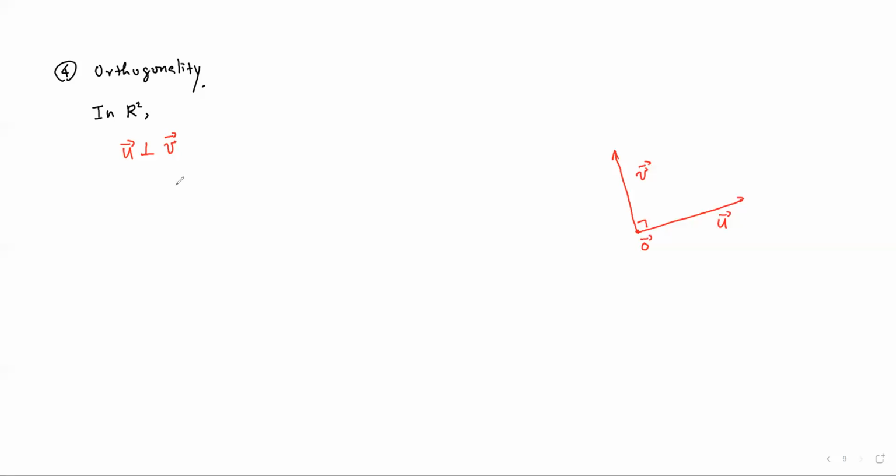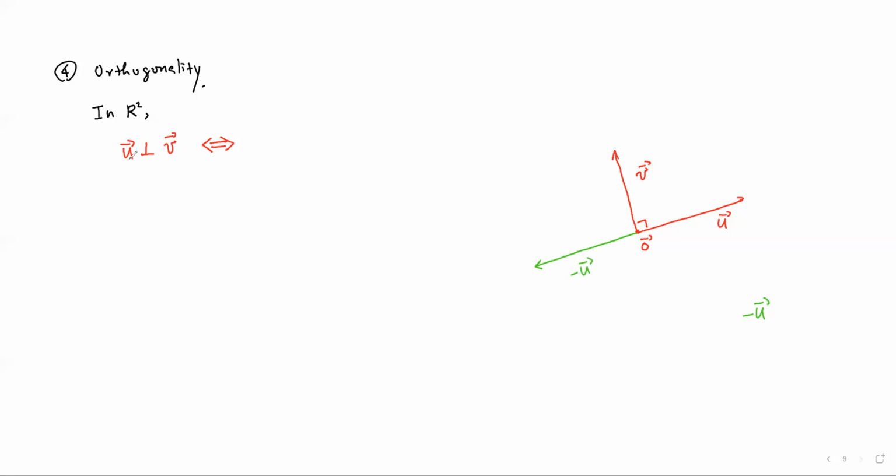A vector is orthogonal to another vector if and only if... Let me take this vector U and turn it into the vector negative U. Vector negative U is here.